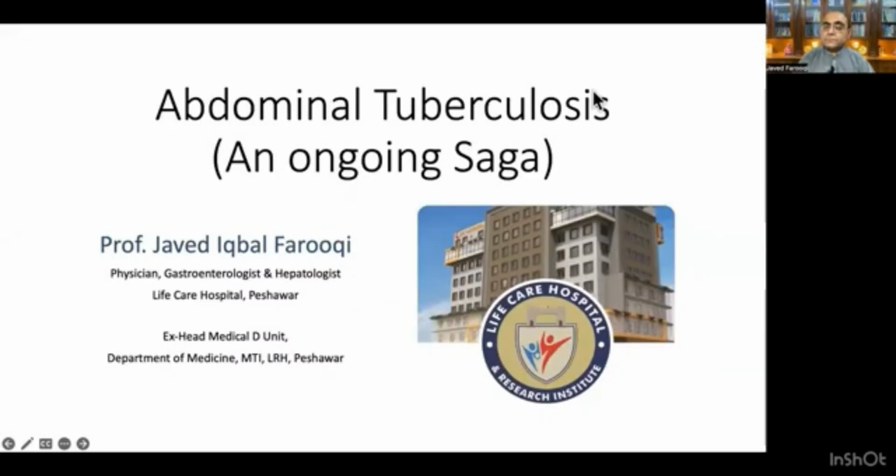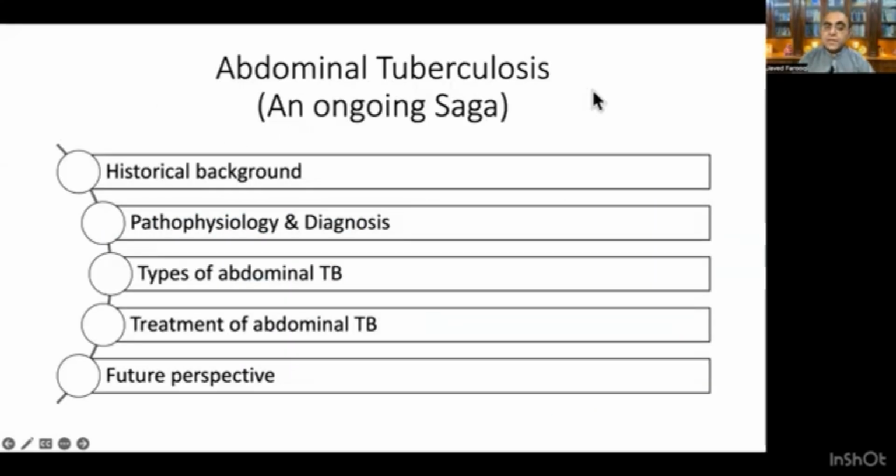And how can we diagnose this disease? Then in tomorrow's lecture, we shall be discussing the different types of abdominal tuberculosis. As said in the intro, today we are going to discuss the pathophysiology and diagnosis of abdominal tuberculosis.